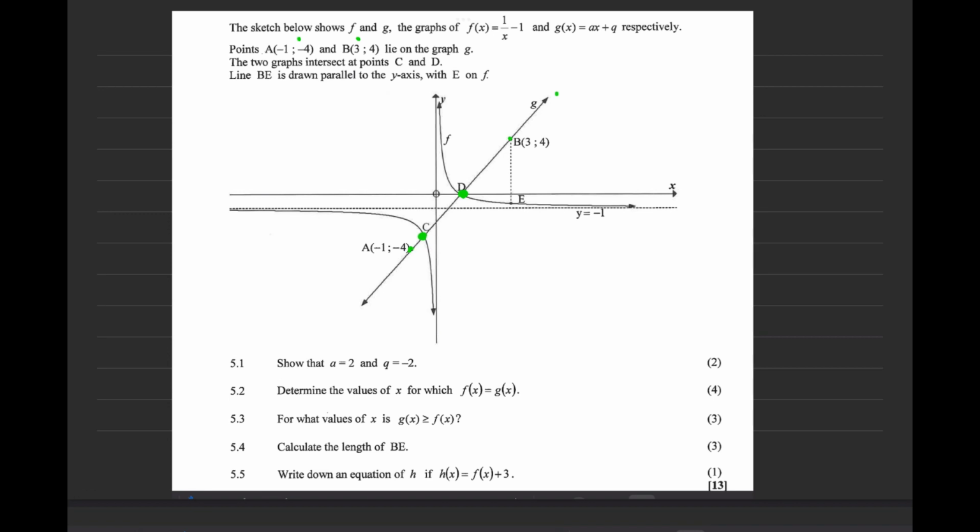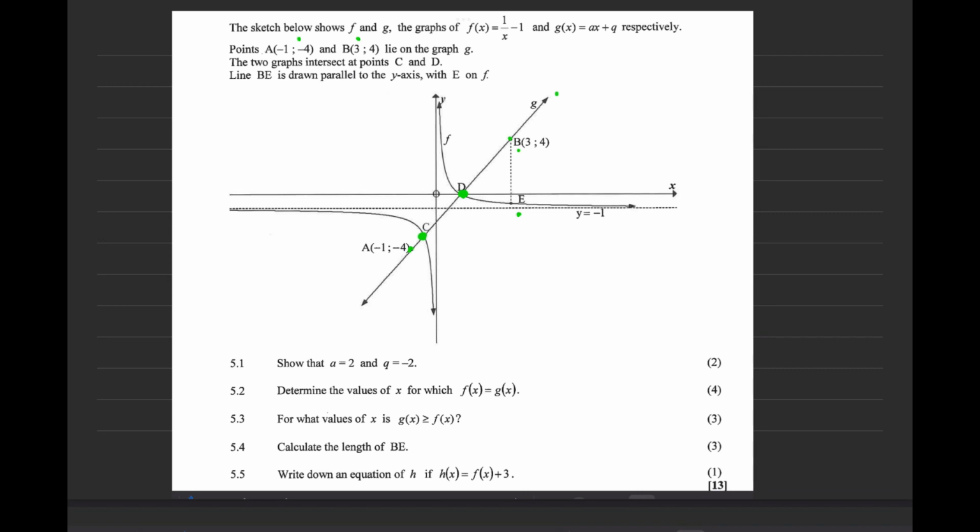And then the line BE is drawn parallel to the y-axis, right? So what does that mean? This is the line BE over here. If it is parallel to the y-axis, what do we know about the y-axis? The y-axis is a vertical line, right?